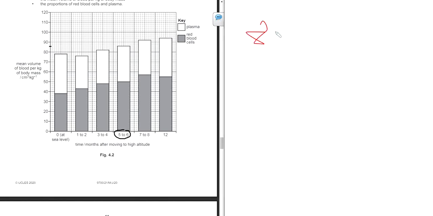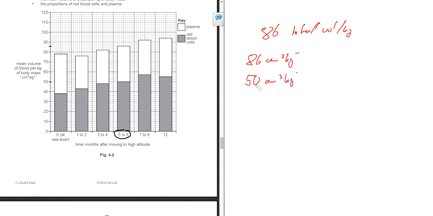We have 86 total volume per kilogram of body mass, 86 centimeter cube per kilogram, and red blood cells are at 50 centimeter cube per kilogram.